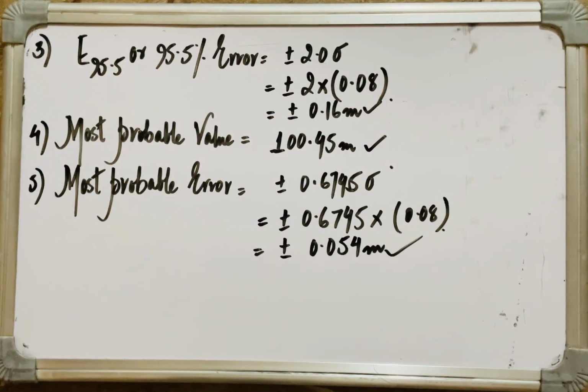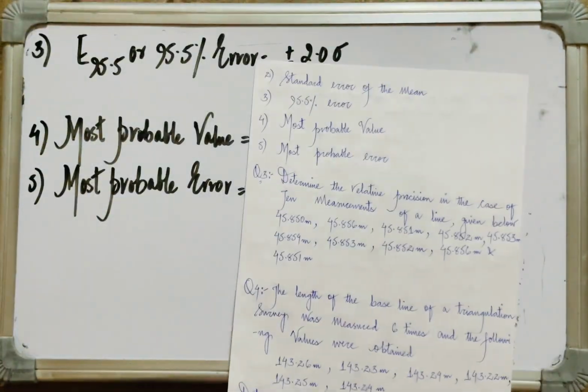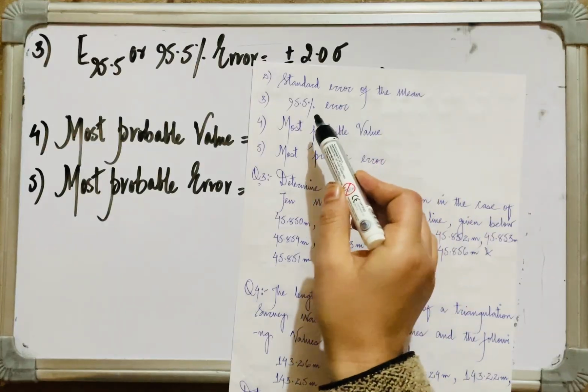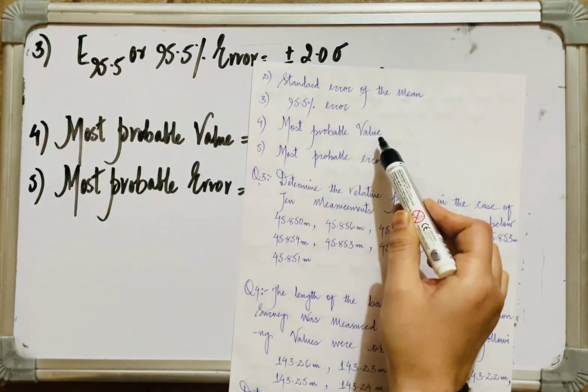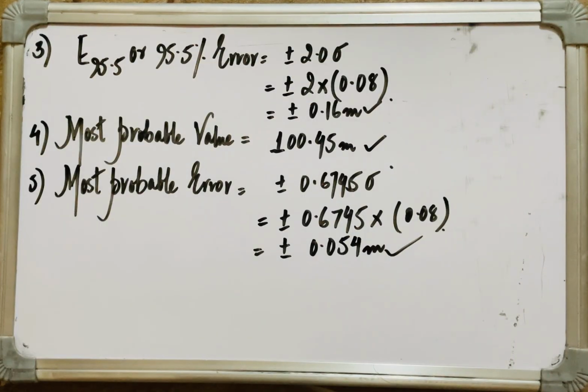So we calculated everything. We calculated the standard deviation, the standard error of the mean, the 95.5% error, the most probable value, and the most probable error. Moving on, let's do the next question.